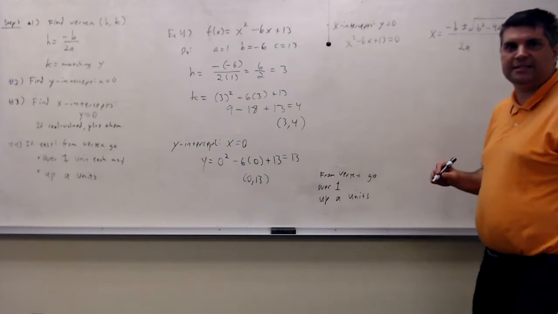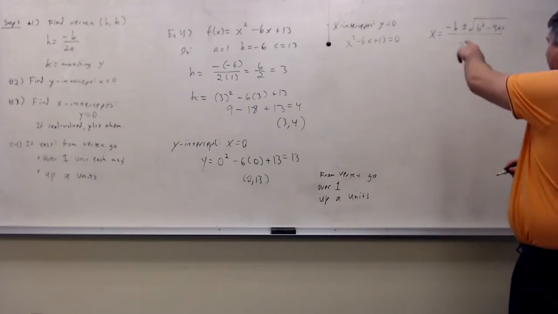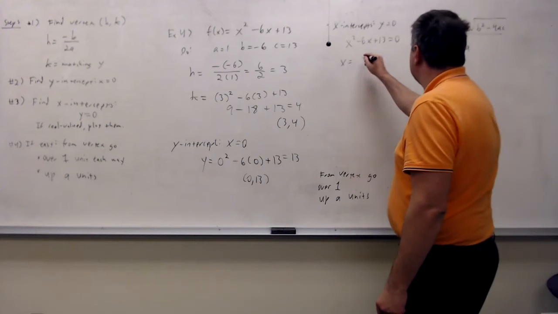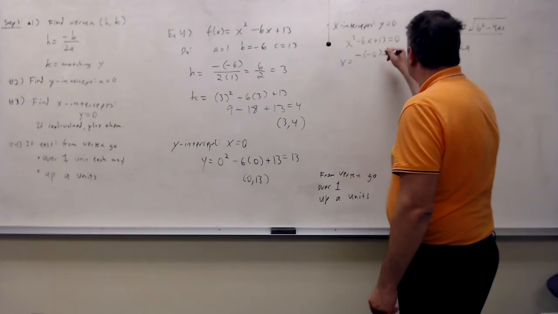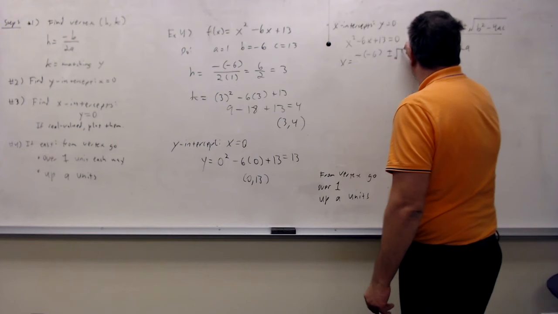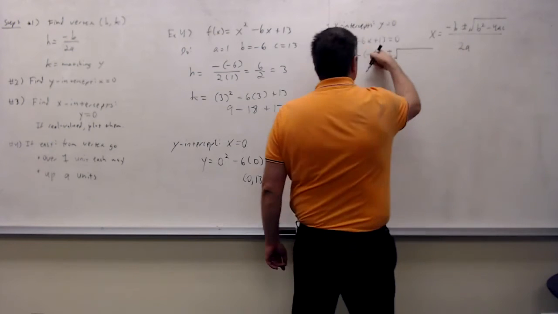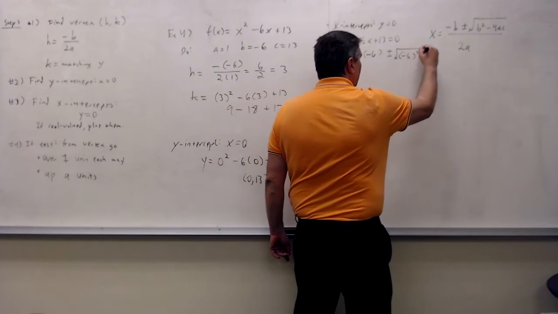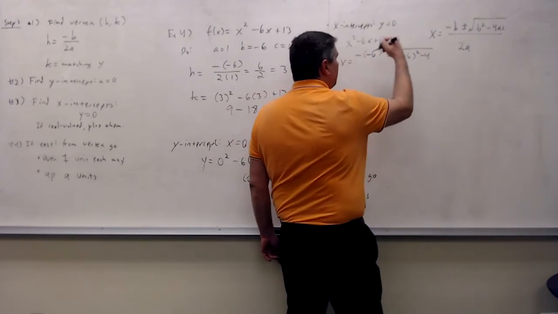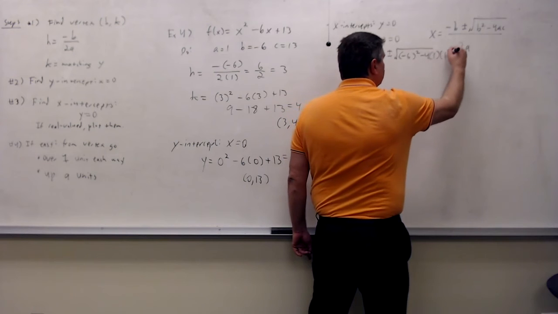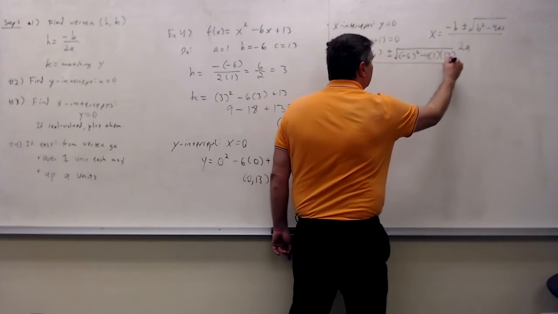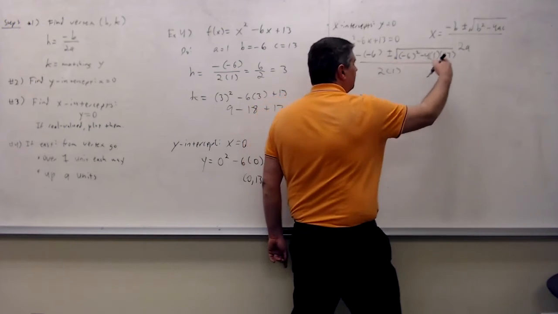So x equals -6 plus or minus the square root of -6 squared minus 4 times 1 times 13, all over 2 times 1.